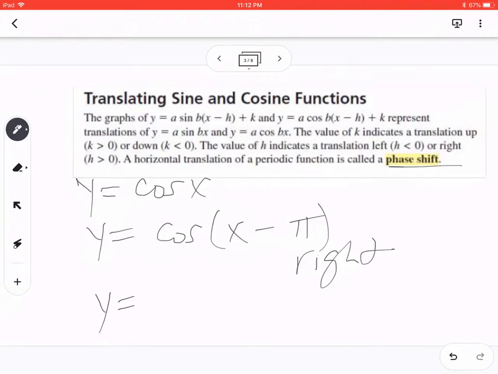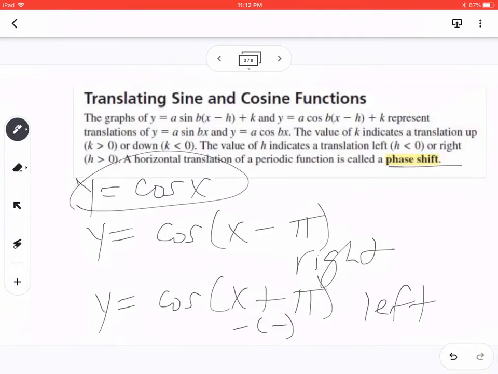And if you have y equals cosine of x plus pi radians, or plus pi units, there's really a double negative that's happening. So it's a double negative, meaning that it's minus a negative h value, which would mean that this is going to the left.